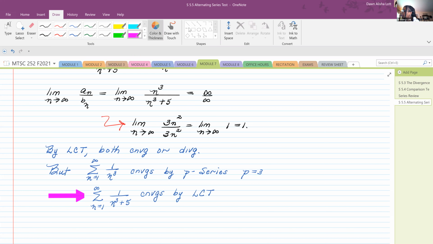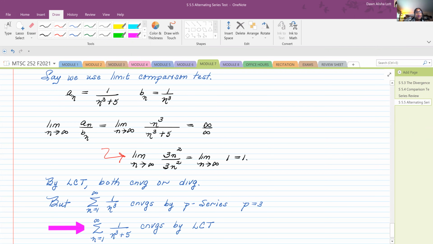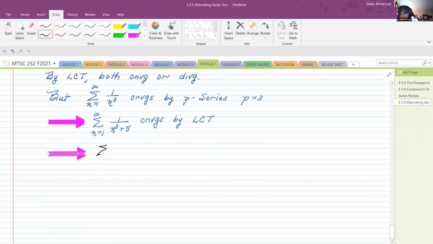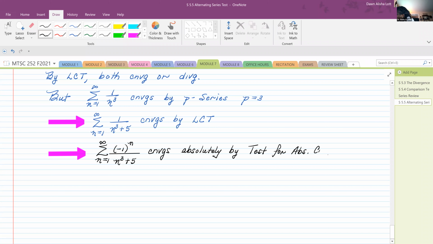But then that implies that the summation n equals 1 to infinity of minus 1 to the n over n cubed plus 5 converges absolutely by the test for absolute convergence. That's all we needed.